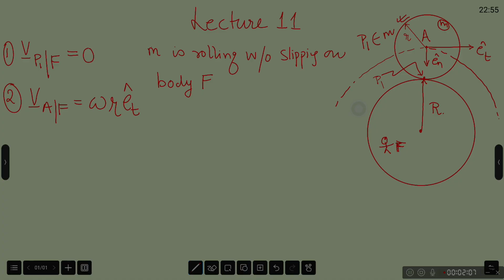Now point A is the center of the cylinder, the rolling cylinder, and omega is the angular velocity of this small cylinder with respect to frame F. Its direction is clockwise as perceived by the observer fixed in F.